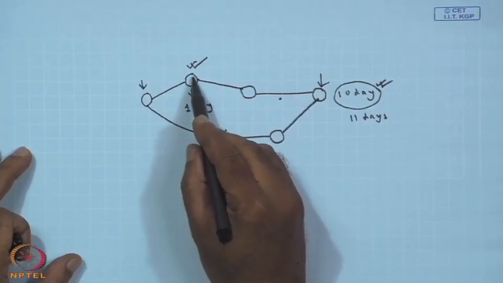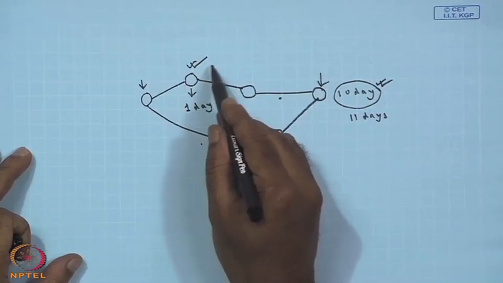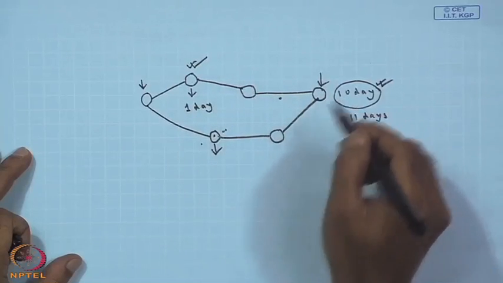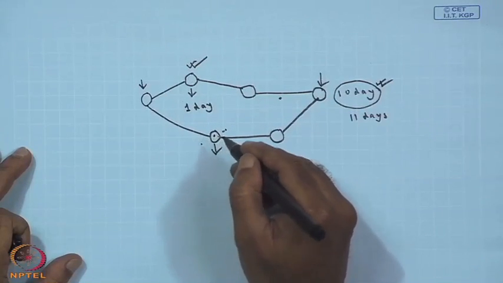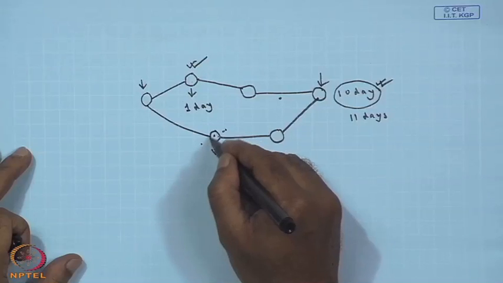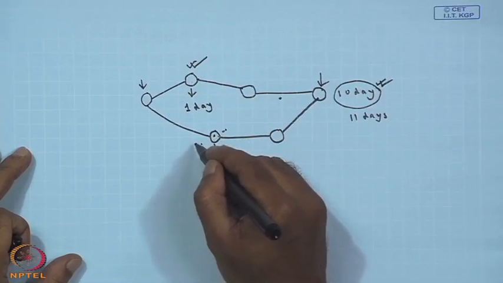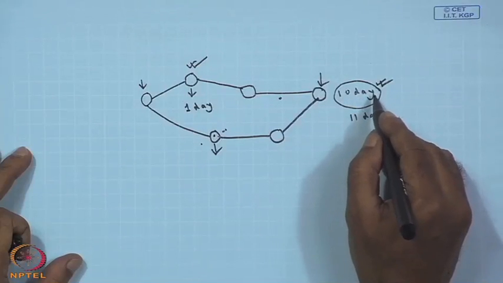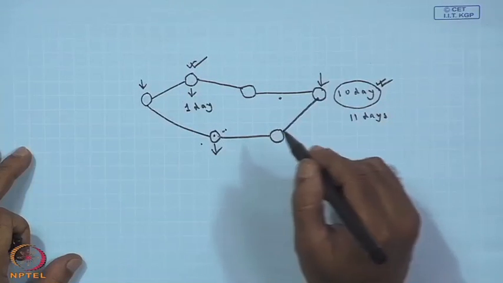Critical activity means that if you delay the beginning of that activity, this will affect the completion of the project, whereas for a non-critical activity, whether you start the activity beforehand or later, within some range of course, it will not affect the project completion time.